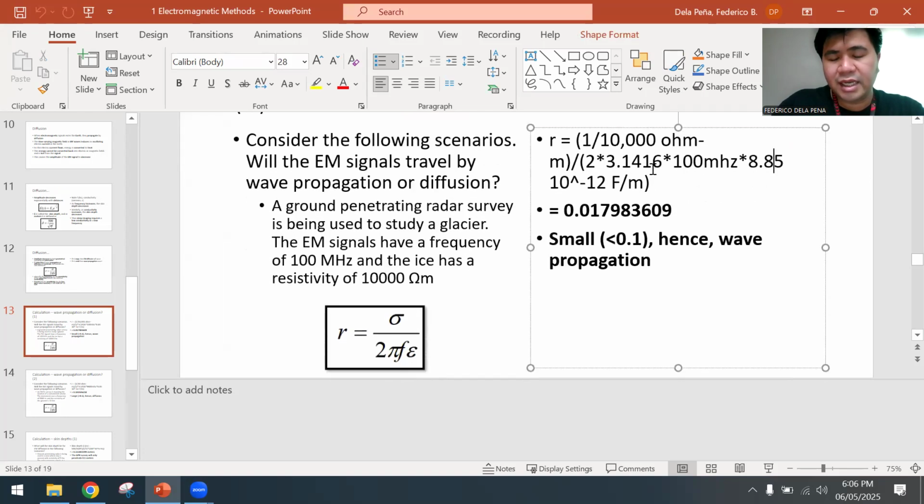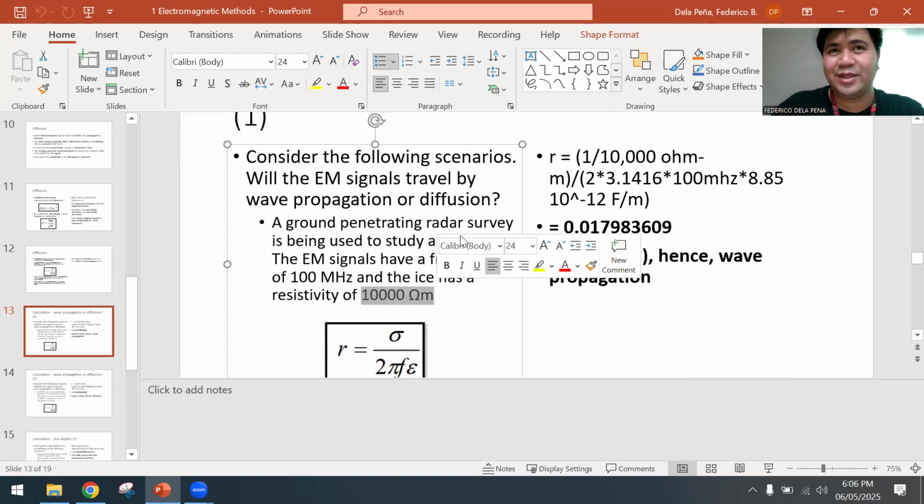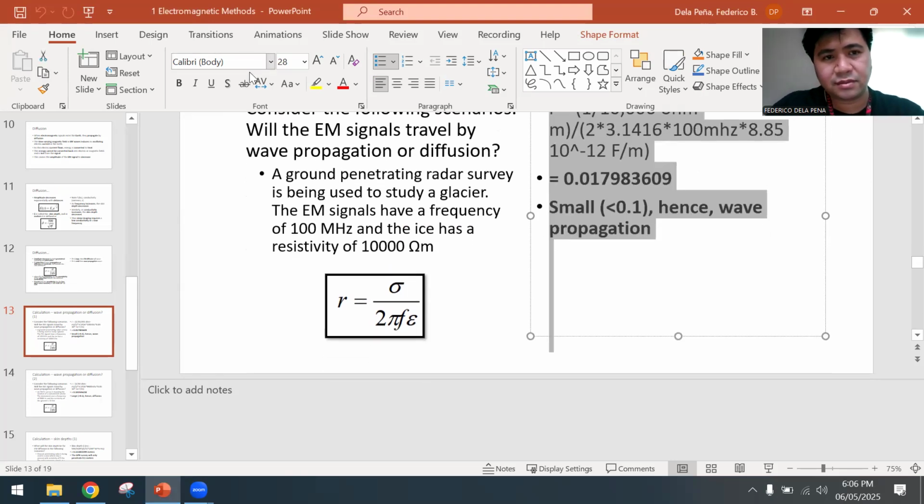Anyway, R is just equal to your conductivity, but you only have resistivity. So what are we gonna do now? To get your sigma or your conductivity, you simply need to get the inverse of your resistivity.